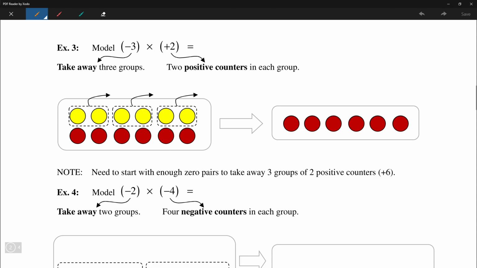Notice that the sum of all the counters in the box on the left is equal to 0. So we added in 6 positive counters and 6 negative counters, and that way we can take away the 6 positive counters. And the result is we're left with 6 -1 counters, so the product is -6.